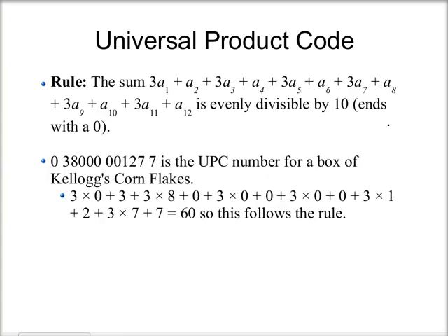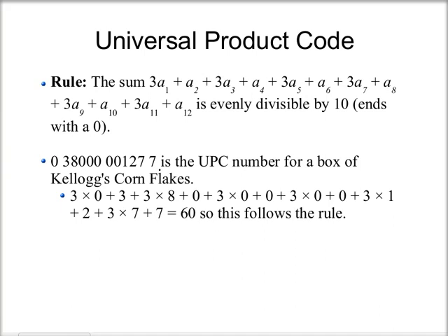So now I can state what the rule is. For this, we're going to use what's called a weighted sum. So I'm adding up all of the digits of the UPC number, but I'm multiplying every other one by 3. And once I do that, that should be evenly divisible by 10, or in other words, that sum should add up to a number that ends with a 0.